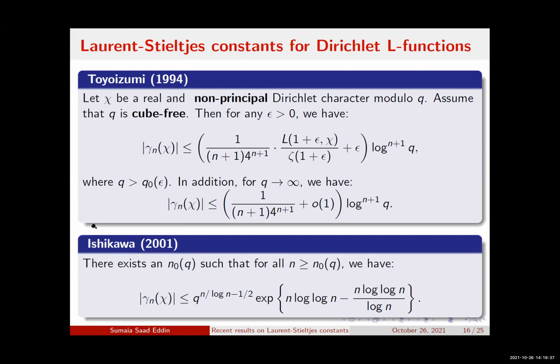He used the functional equation of the L function and the Cauchy theorem to first deduce his expansion of gamma n chi, and then he studied this formula to get the upper bound for these coefficients. And here we have this nice upper bound for our coefficients.